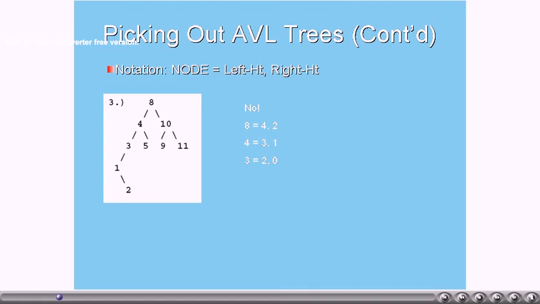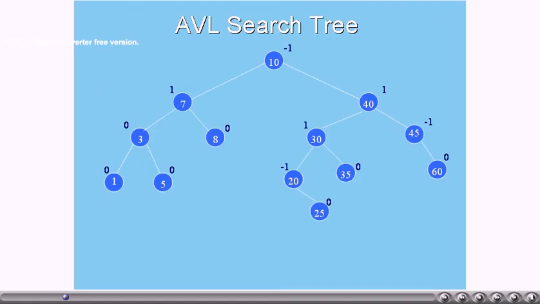At nodes 8, 4, 3, the left subtree minus right subtree height is not satisfying the requirement of 1. The following tree is a height balanced tree, an AVL tree. You can verify the balance values by the side of the nodes.